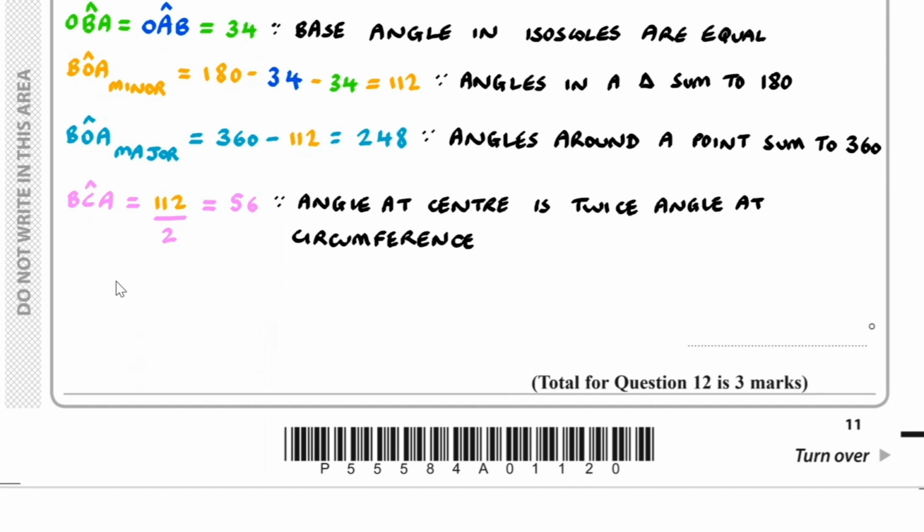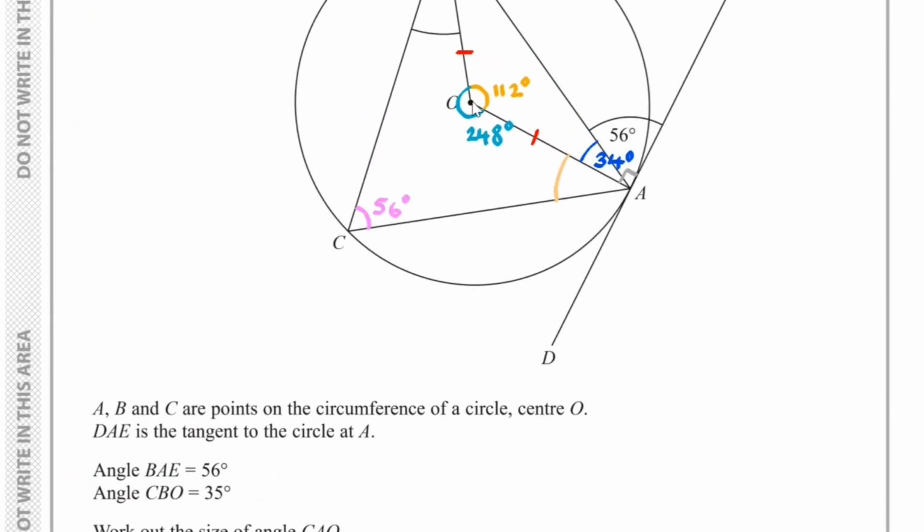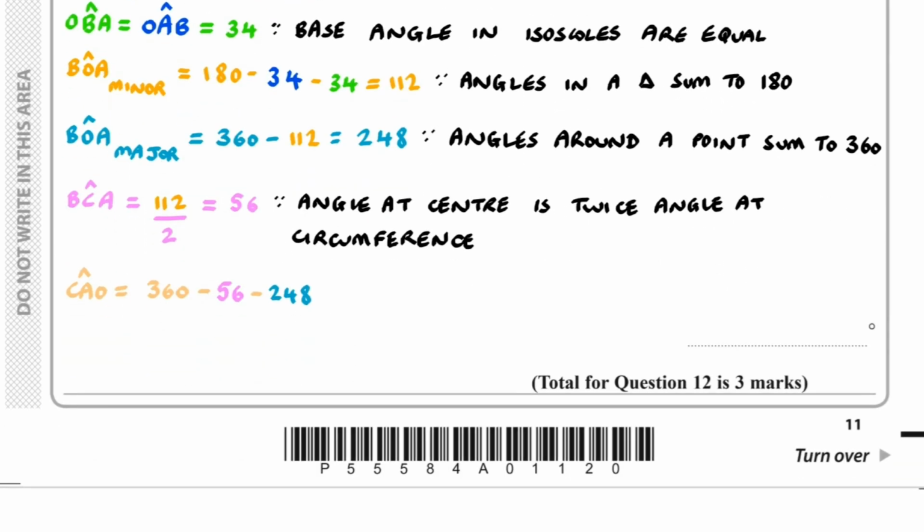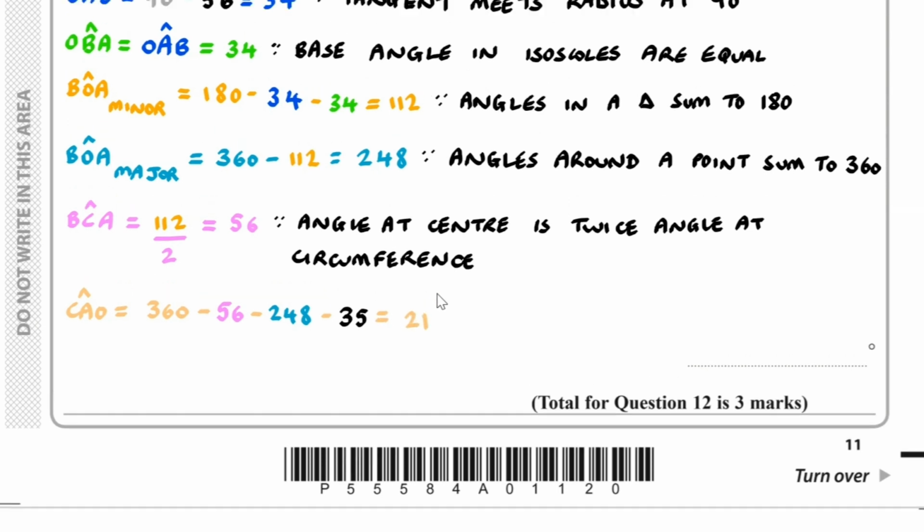So the angle CAO is equal to 360 minus the 56 minus the 248, and then we subtract the 35 as well, and it turns out the angle CAO is 21 degrees.